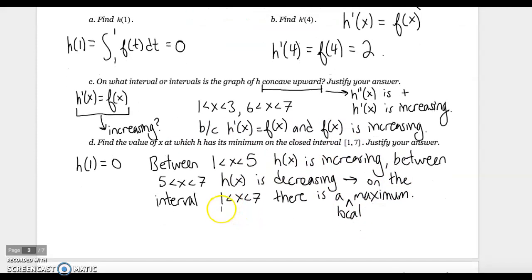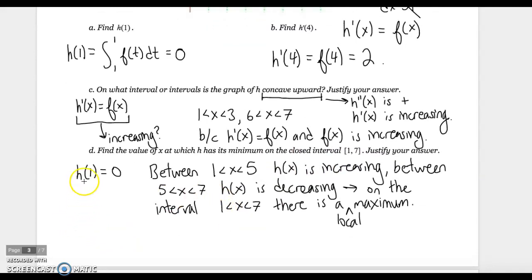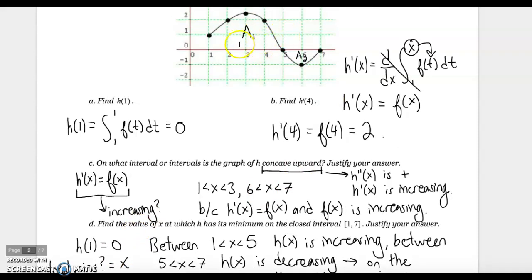When we do our candidates test, we usually compare, like we find h of 1, we look for any local mins, and then we check the other endpoint, h of 7, right? But for our scenario, when I was comparing A1 and A2 previously, we talked about how the first area was some positive large number.